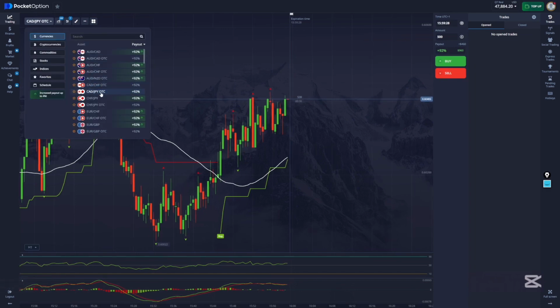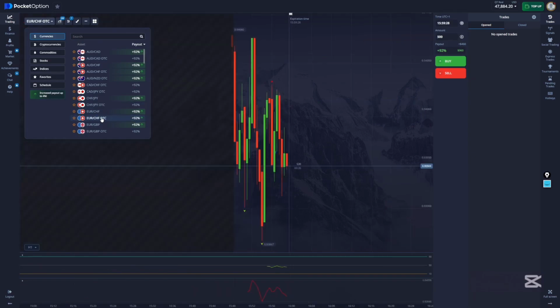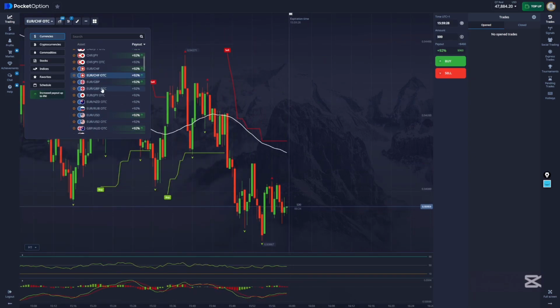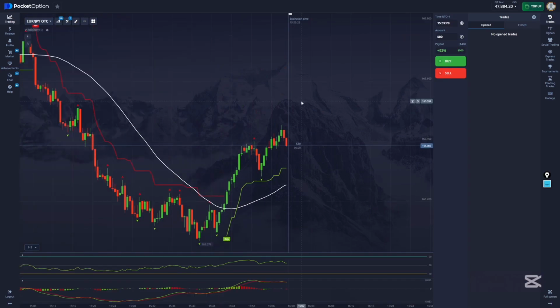I try to find the next one, because I'm not sure if you understand what I mean. You see guys, you have to find a chart like this, where we have the white line here going up, the super trend and candles.